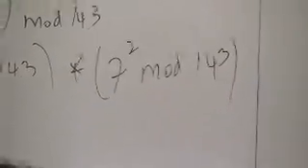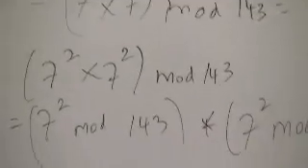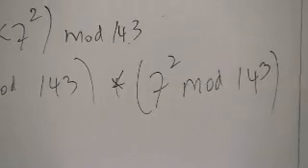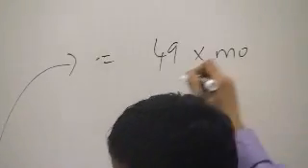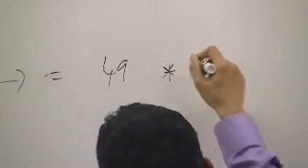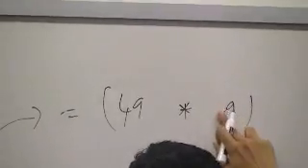If the whole thing exceeds 143, you have to take the mod 143. So you typically take the mod until you get something between 0 and 142. 7 squared is 49, so 49 times 49, mod 143.